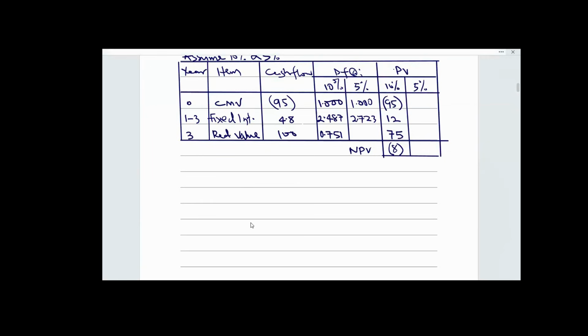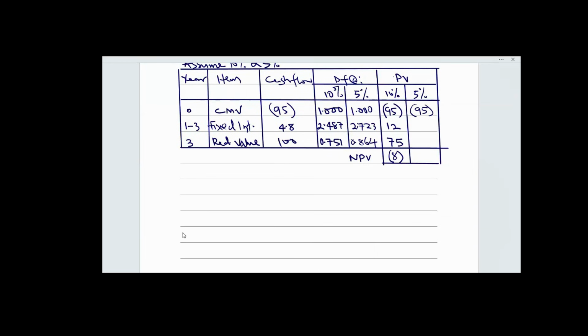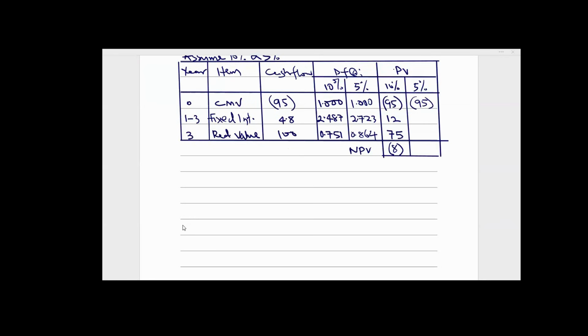All right. So the discount factor for year 3 at 5%, 1.05 raised to power 3, that's 0.864. 1 multiplied by 95 will give us negative 95. 4.8 multiplied by 2.723 equal 13.07, rounding 13.